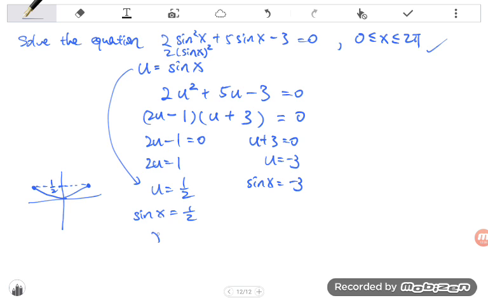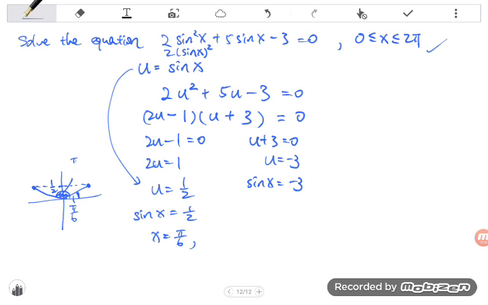The first angle, and be careful, we're talking about radians here, right? If you look at the boundary, the angle is in radians, so that will be pi over 6. Okay, so x has to be pi over 6, and the other one is this whole part.